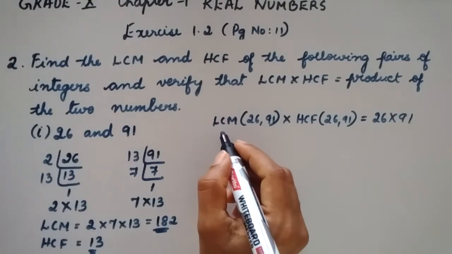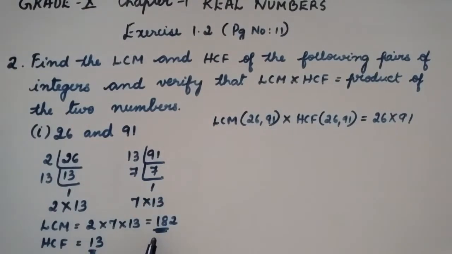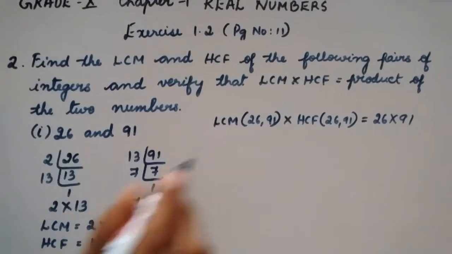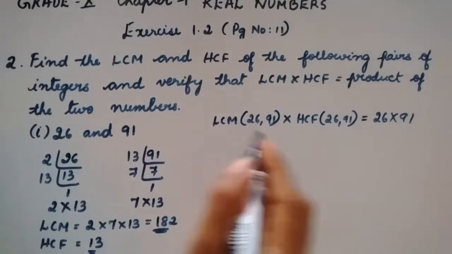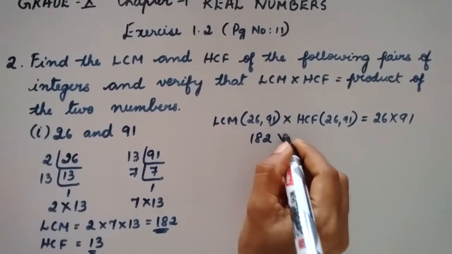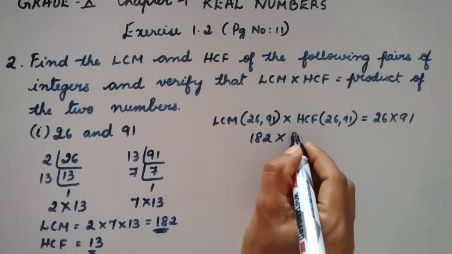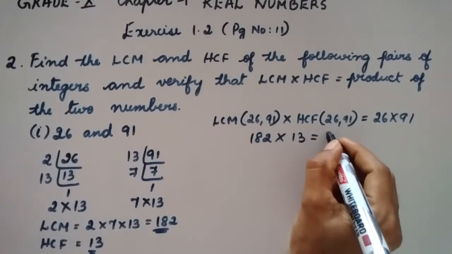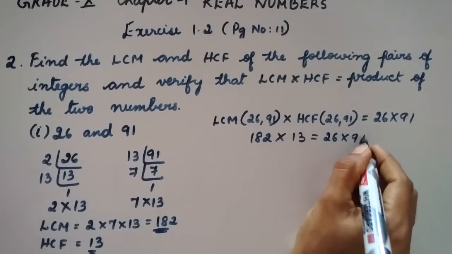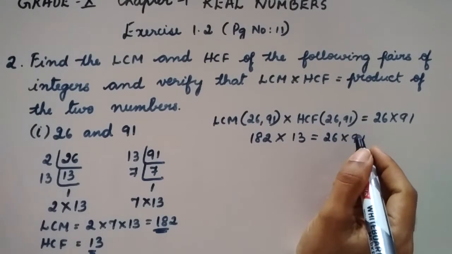Now, what is the LCM of 26 and 91, students? It is 182, into HCF of 26 and 91 is 13, is equal to 26 into 91.